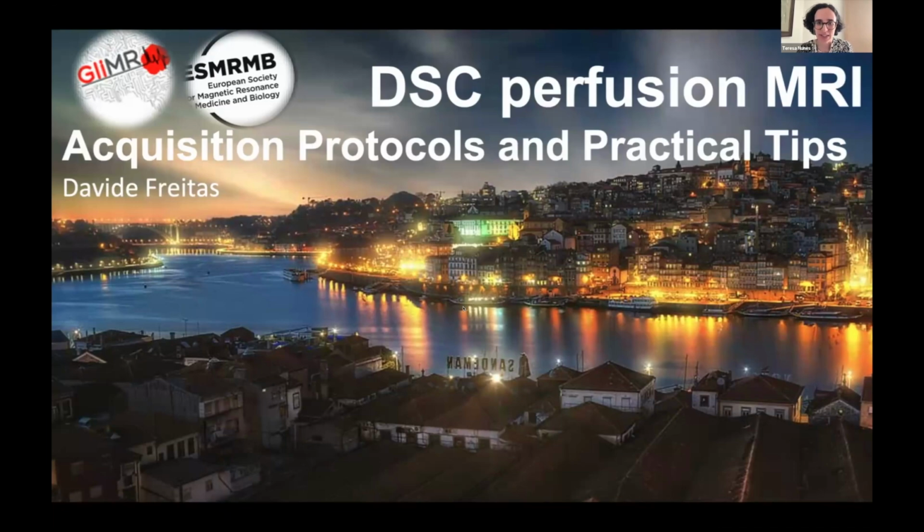The first one is from Albert Ponzescoda. He is asking, regarding essential technical considerations, wouldn't you also consider that in addition to TR and TE and the use or not of an AIF, parameters such as flip angle, pre-bolus use, and the leakage correction approach are important and with high potential impact on the robustness of CBV estimates?